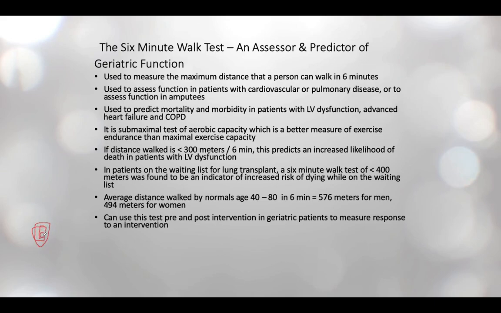Before starting the 6-minute walk test, check vitals.